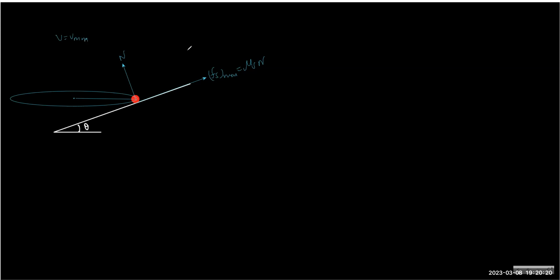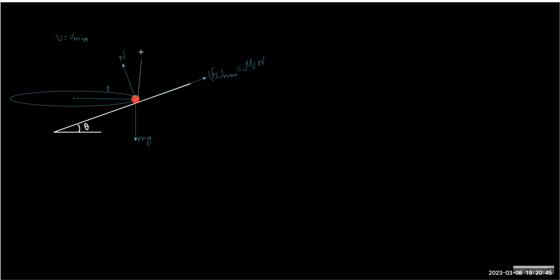And this will be the FBD, the free body diagram. So you can clearly see here, if you don't use R, what will happen?